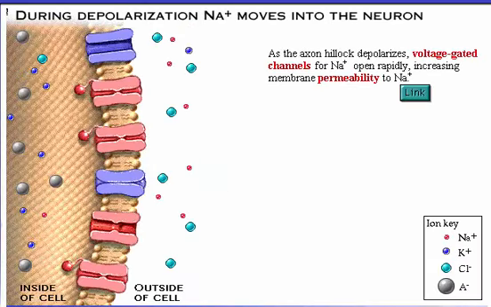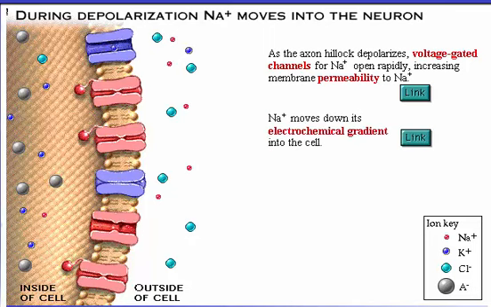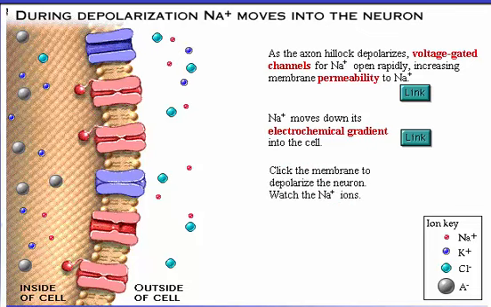As the axon hillock depolarizes, voltage-gated channels for sodium open rapidly, increasing membrane permeability to sodium. Sodium moves down its electrochemical gradient into the cell. Click the membrane to depolarize the neuron. Watch the sodium ions.